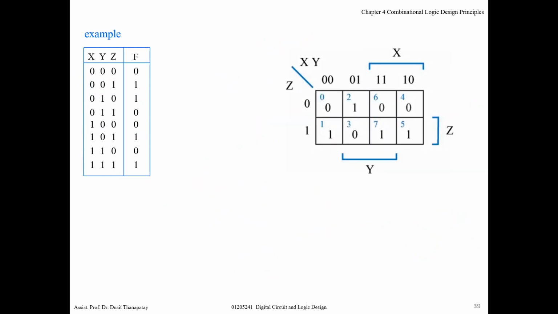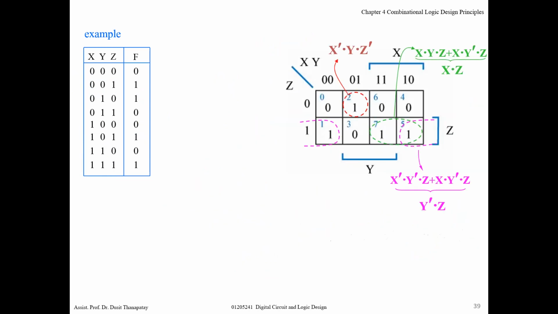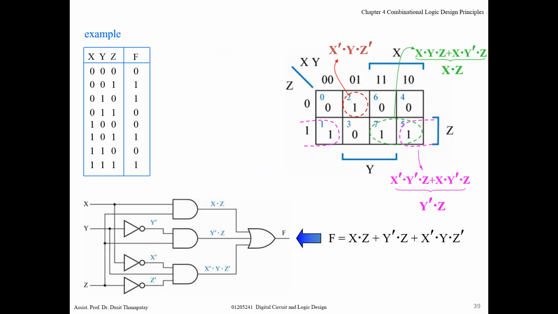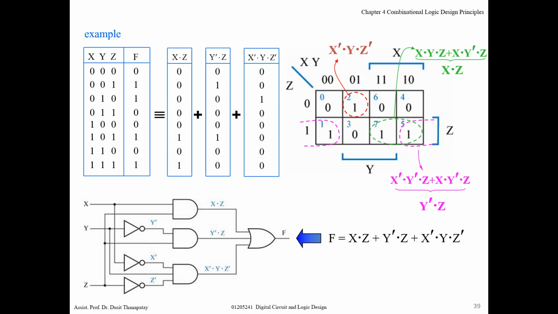So from this one, maybe something like this, okay, is the result. Again, okay, let's consider this term. This term is from this cell.